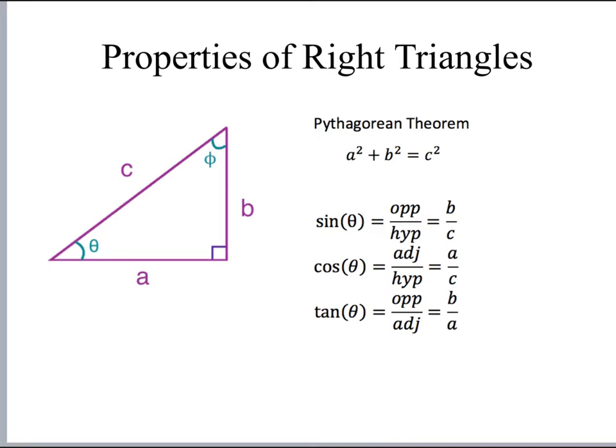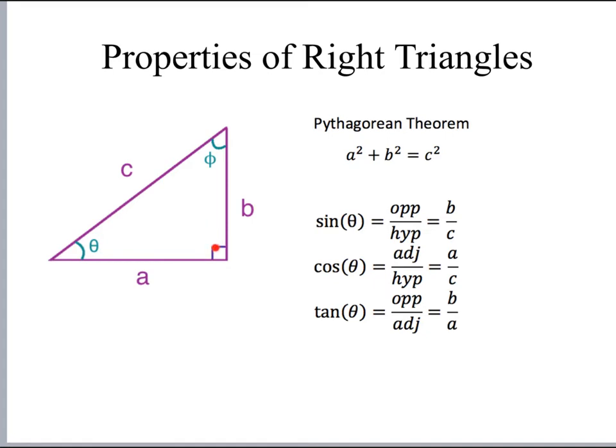We know that the right angle is represented by the little perpendicular mark there, and that right angle is opposite the hypotenuse, which is the longest side of the triangle. So the hypotenuse is always the one that's opposite the 90 degrees, and it's always the largest side of the right triangle.